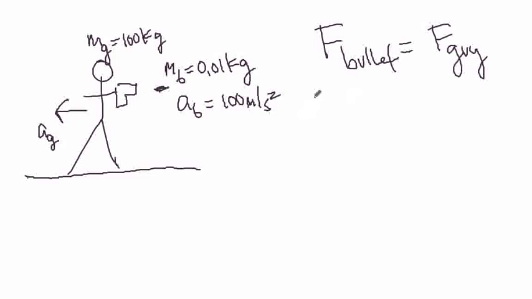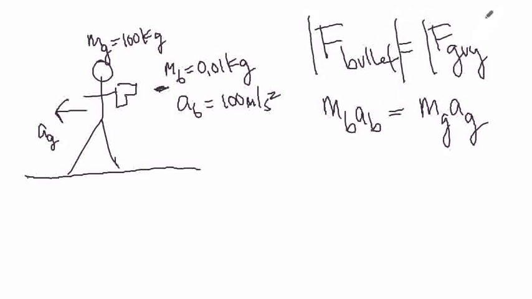So that also means that the mass of the bullet times the acceleration of the bullet is equal to the mass of the guy times the acceleration of the guy. I'm assuming everything is positive. I'm focusing on the magnitude, not the components. So if that bothers you, you can put absolute values here.